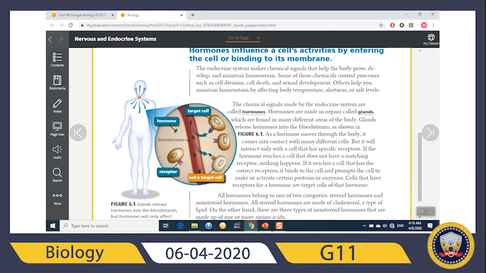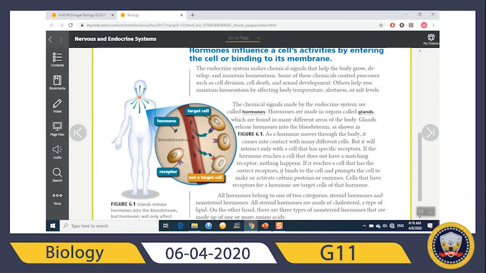Glands are organs responsible for producing these chemicals, which are the hormones, to help maintain, support and develop the body, meaning maintaining homeostasis. So, the glands release the hormones into the bloodstream. This is the bloodstream. These are hormones.